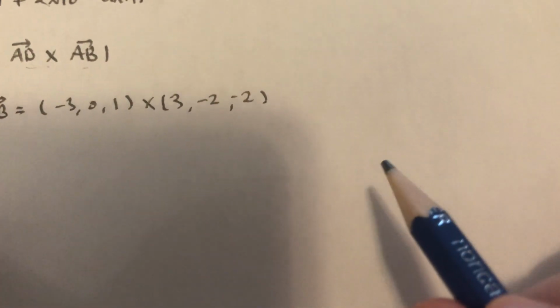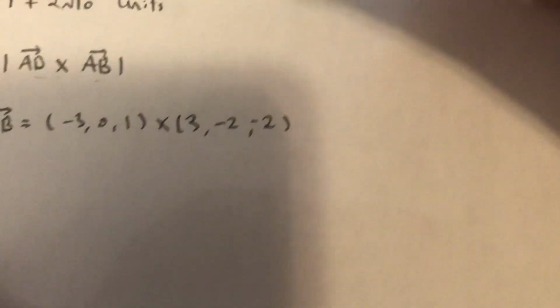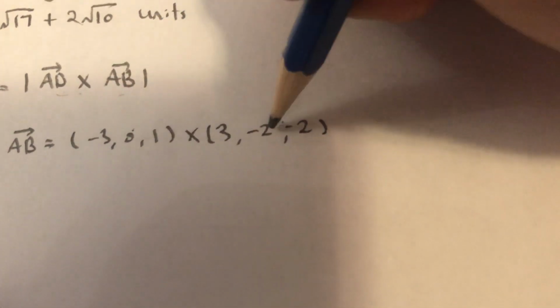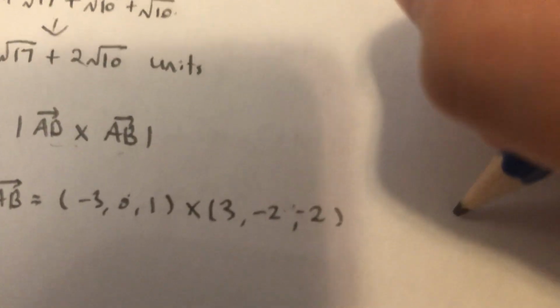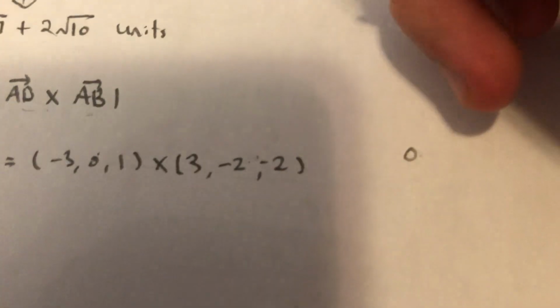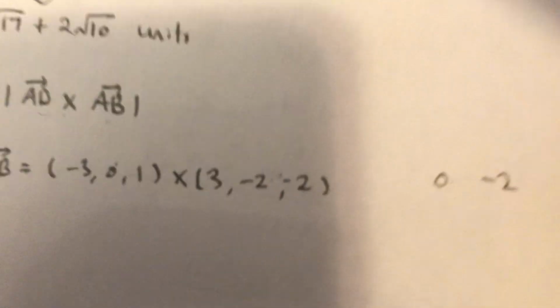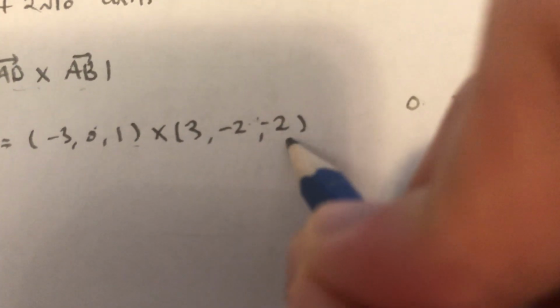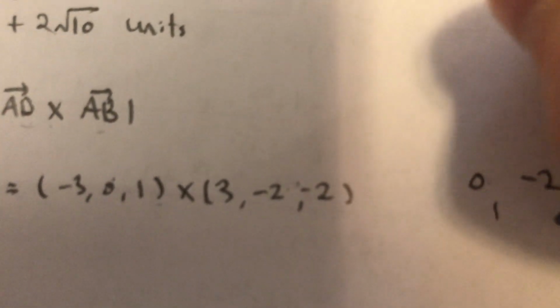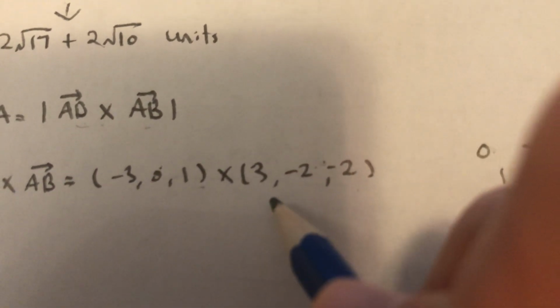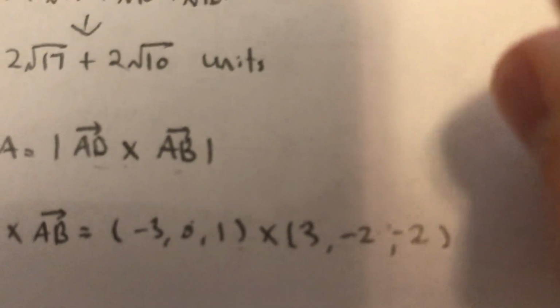Basically, I'll just write it out, but we take the y value of the first one and the y value of the second one, we have 0 and -2. The z value of the first one and the z value of the second one, so 1 and -2. The x value of the first one and the x value of the second one, -3 and 3.